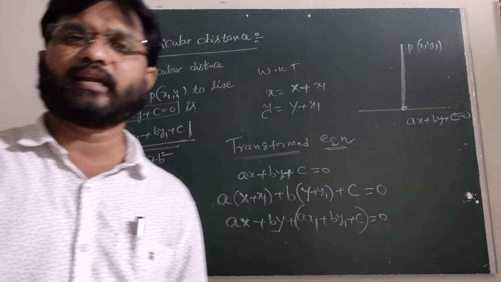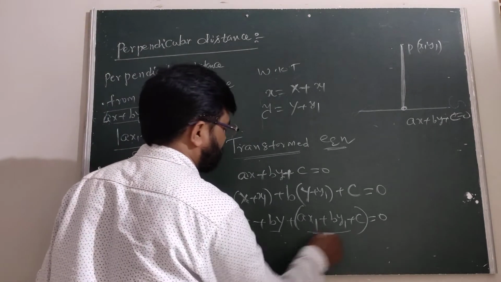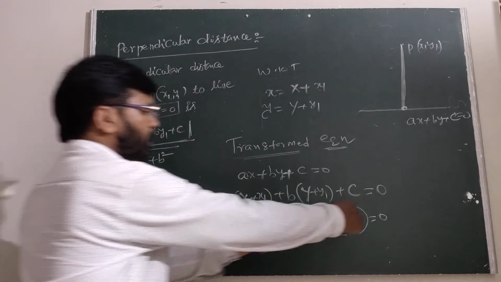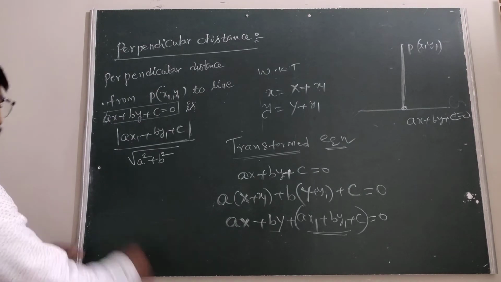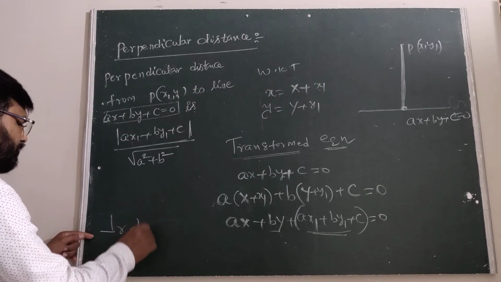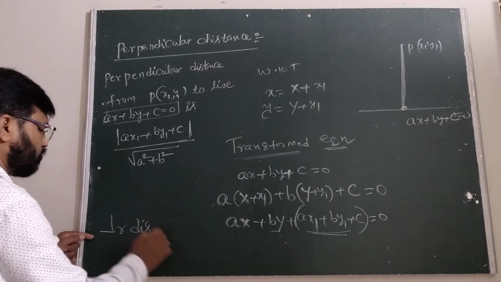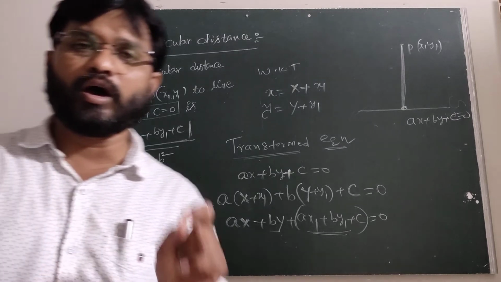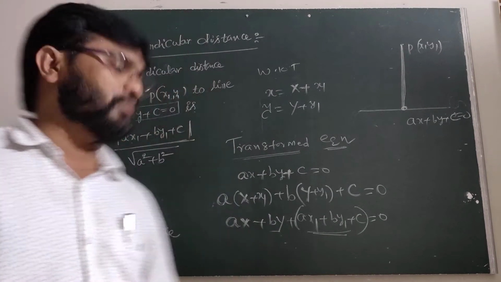Now the perpendicular distance from the new origin P to the above line is mod c by root of a square plus b square. All of you listen here, everybody knows that the perpendicular distance from the origin to the line is mod c by root of a square plus b square.